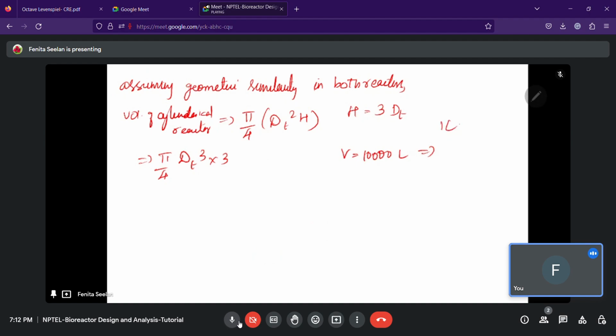So 1 liter is equal to 10 power 3 centimeter cube, right?